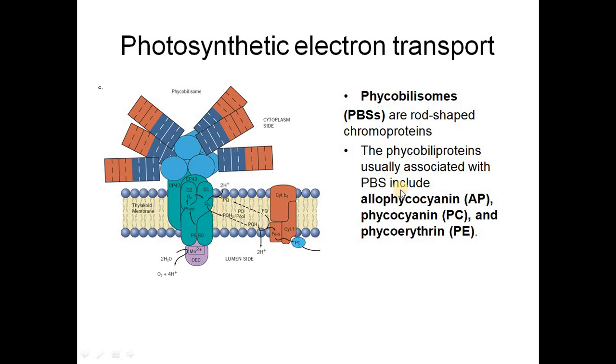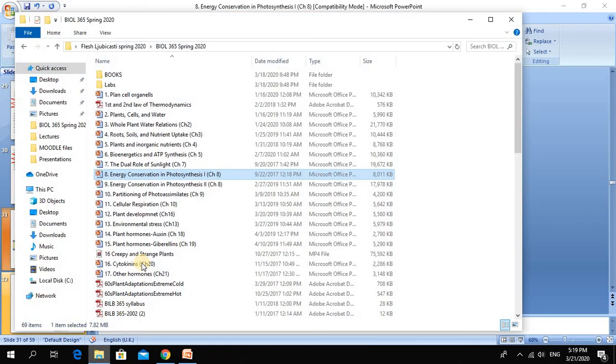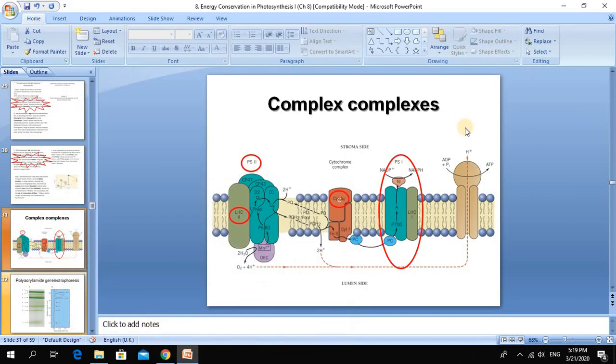So yeah, they were called blue-green algae at some point. Okay, so that's that. Next slide. The next thing that I'm going to talk about in the next video will be the Calvin cycle.